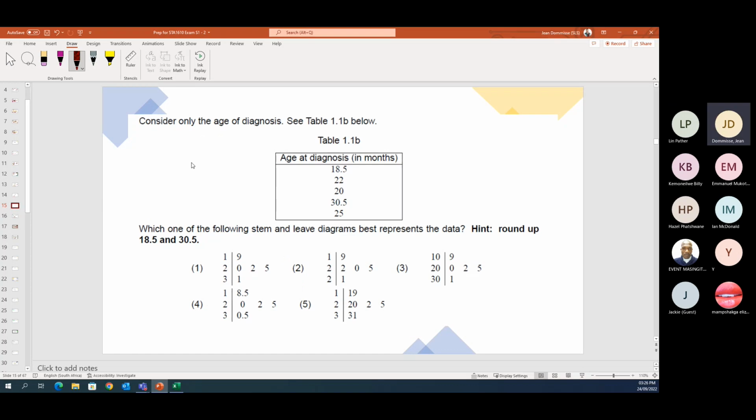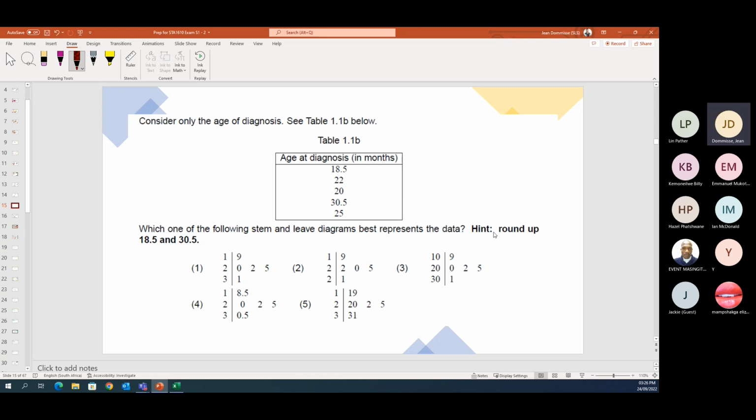So what they now did, and this is very weird, they've given you 5 data points, and they've asked the question to give that as a stem and leaf.